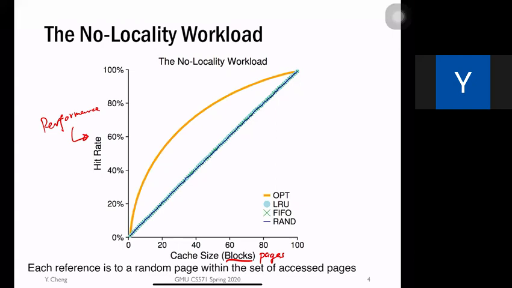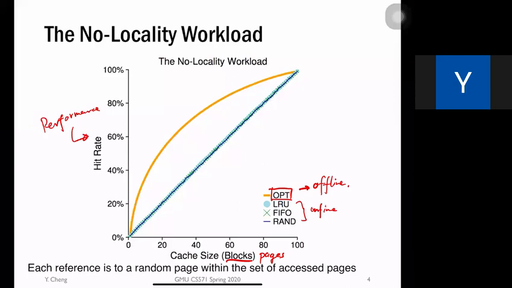The very first strong pattern we can spot from this figure is this yellow curve, which corresponds to Belady's OPT. All the other three online algorithms, LRU, FIFO, and random, essentially overlap with each other.